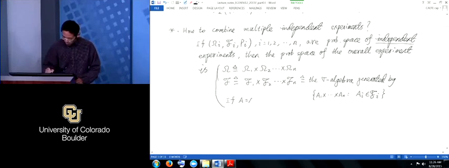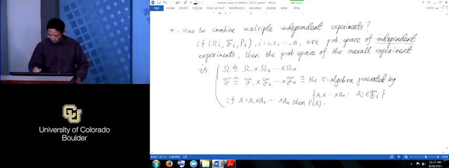If A is equal to A1 times A2 times up to An, then P(A) is equal to the product of Pi(Ai).